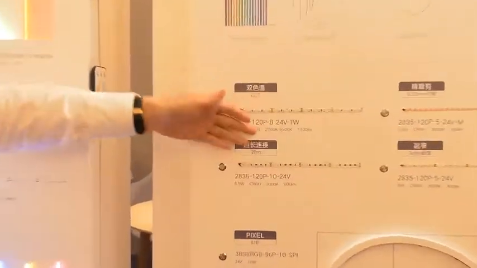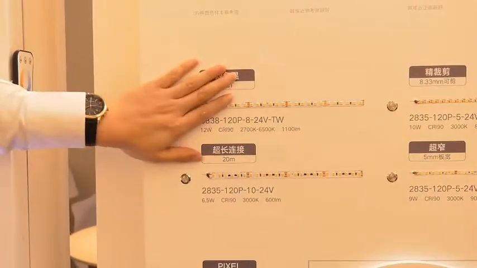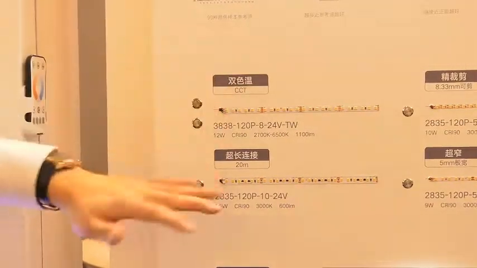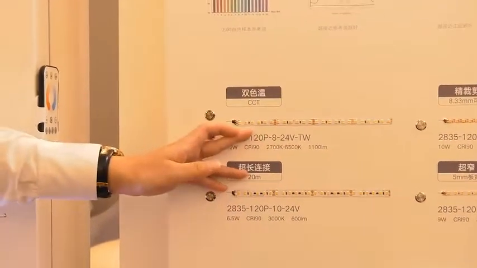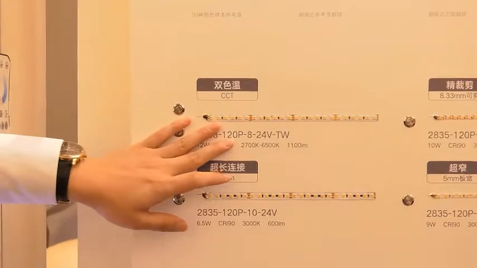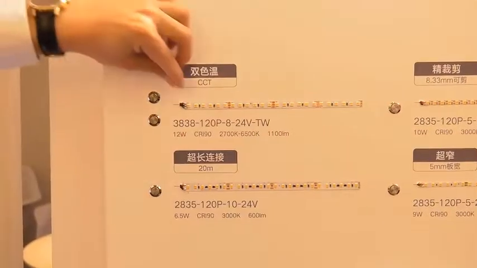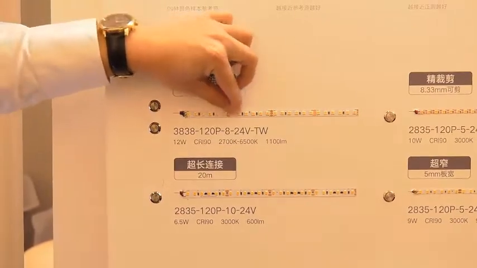We need to use the SMD strip light with the aluminum profile, because it has dark spots. Like this is light and this is dark. This is light, this is dark, because there is space between the LEDs.